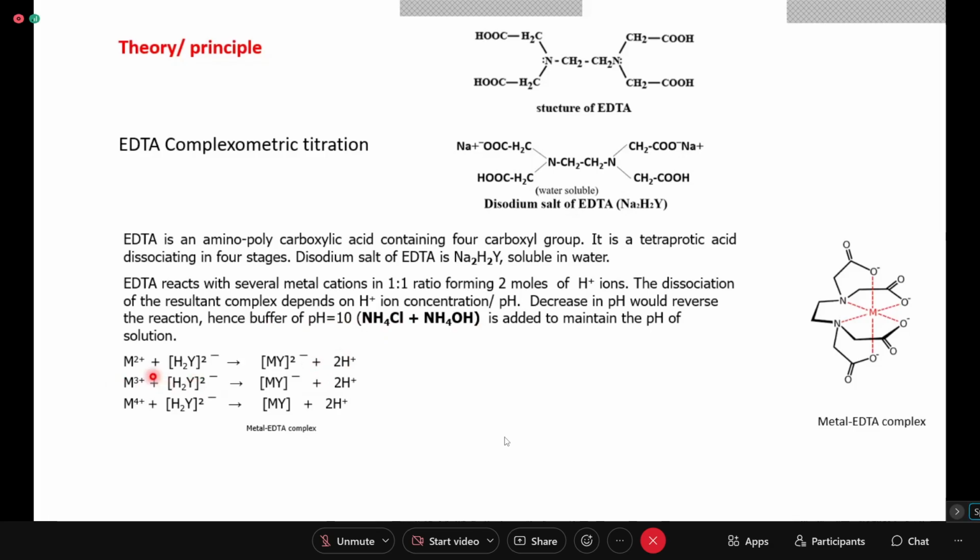If there is a trivalent metal cation, then H2Y2 minus leads to form MY minus plus twice H plus. If it is M4 plus, EDTA gives you the metal EDTA complex. This is a representation MY, metal EDTA complex, plus twice H plus.